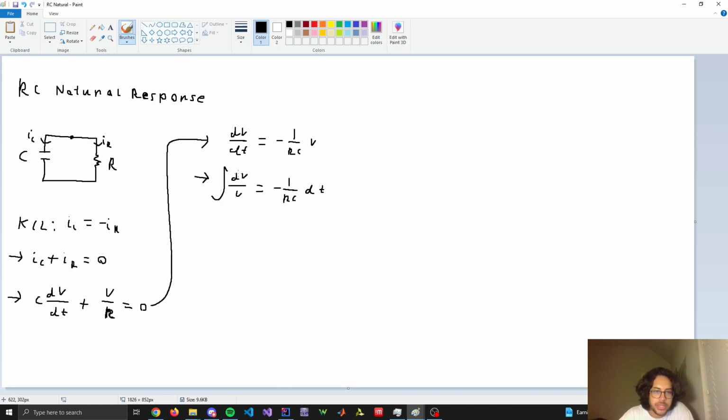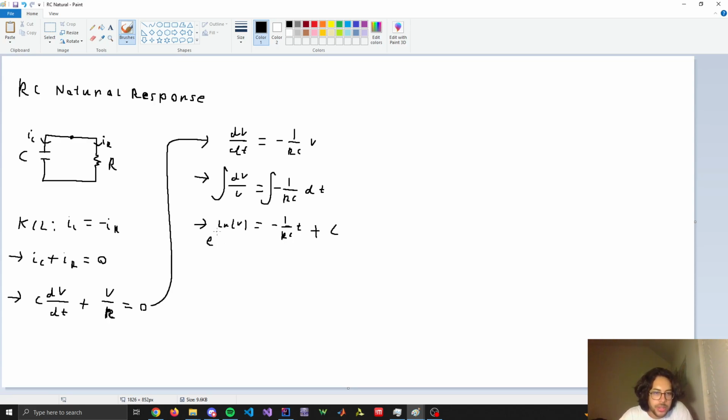Now we can integrate both sides. So we're going to get the natural log of V is negative 1 over RC multiplied by t, but we need to add a constant C because we're taking the antiderivative, so we need to add a constant C.